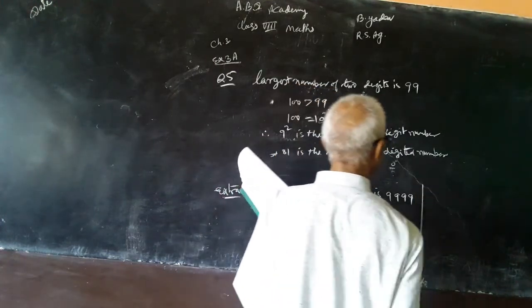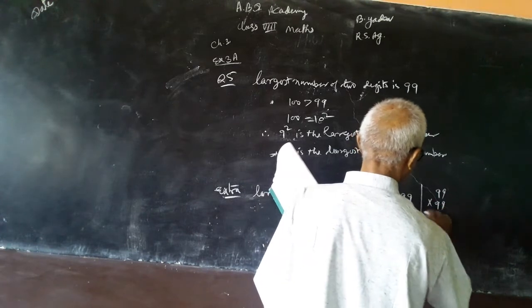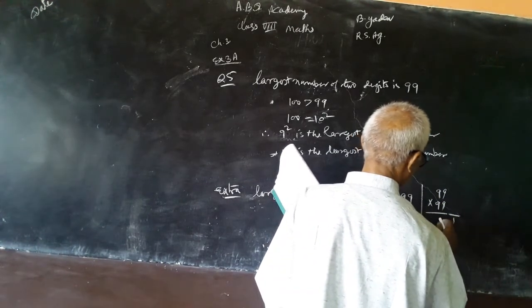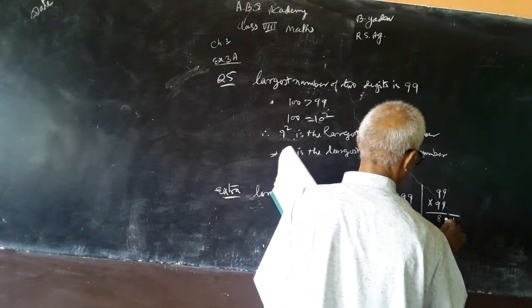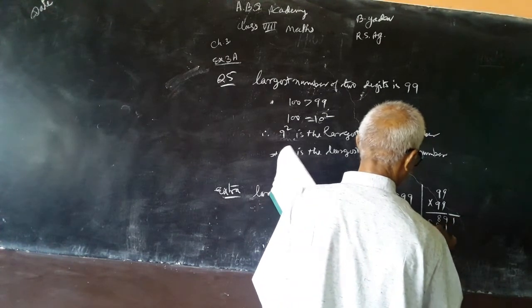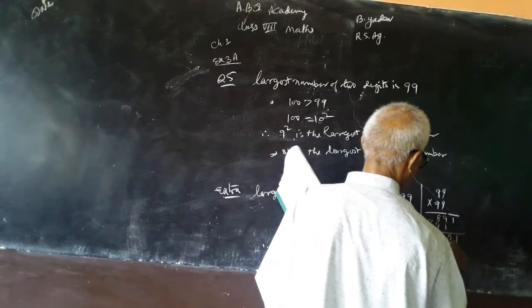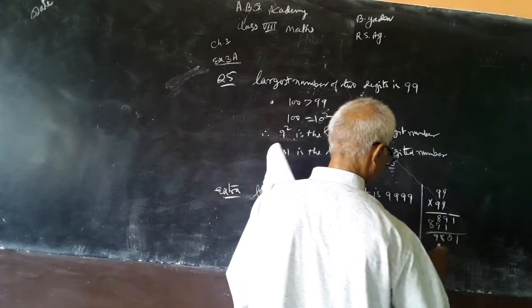So you calculate this perfect square. 99 into 99, 9 nines are 81, 9 nines are 81 and 8 is 89. Again 1, 9 and 8. You get 9801.